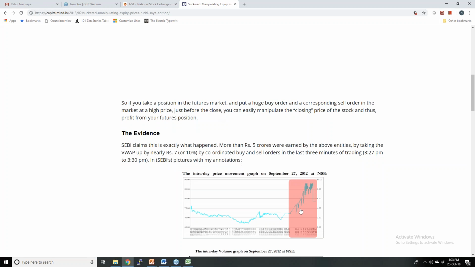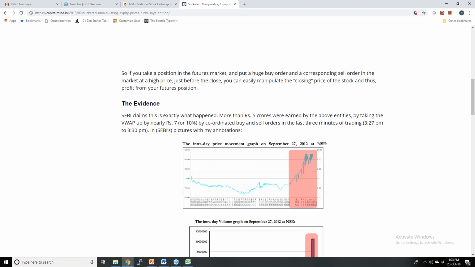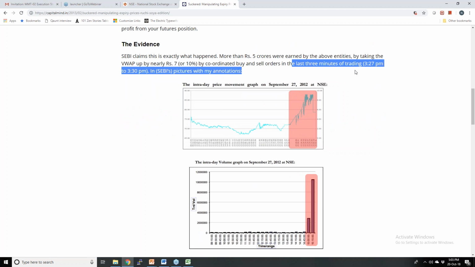So what happens on expiry day? In the last half an hour of the expiry day, the final price is calculated by the VWAP of the last half an hour. That is how it happens in NSE in India. So what people did was take huge positions, huge buy orders, towards the last 10 minutes or so, like the last 3 minutes of trading, just so that the VWAP, the volume weighted average price, could change, and they made a lot of money through that.